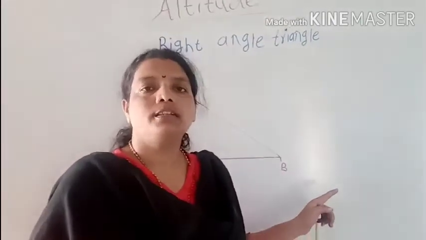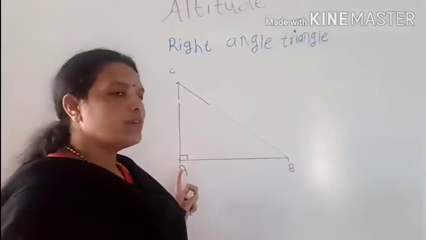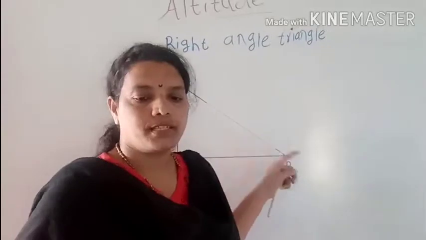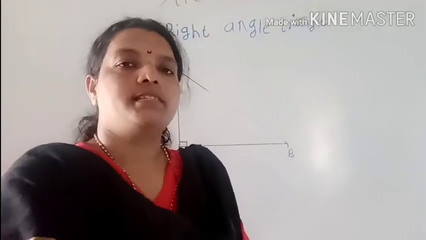Now we will draw the altitude of it. First we will draw the altitude from point A to side BC. So we will take the set square.